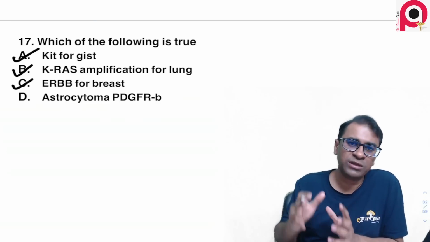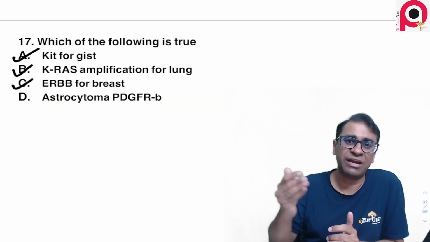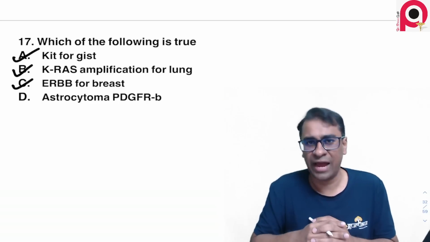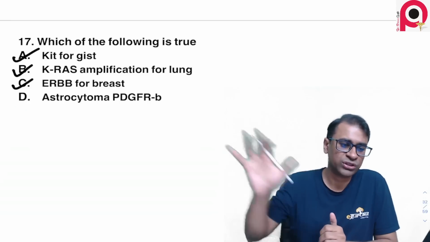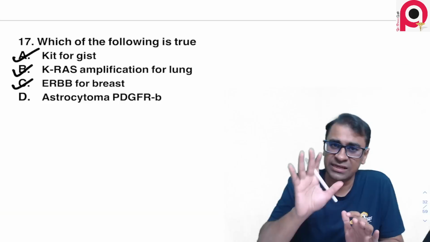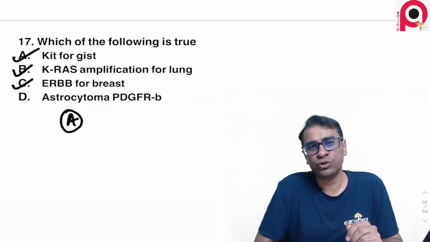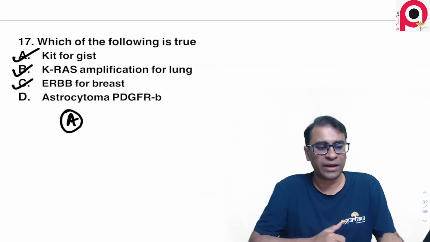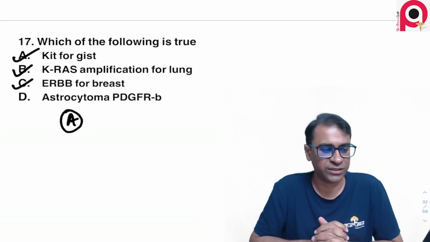But for astrocytoma, some students say PDGFR beta and some say PDGFR alpha. I would say PDGFR beta is not the right answer for astrocytoma; it often shows PDGFR alpha. So if it is a single best answer, the answer is A. However, if it is a multiple choice question, then the answer should be A, B, and C, all of them. Let me know what exactly the question was: multiple choice or single choice?